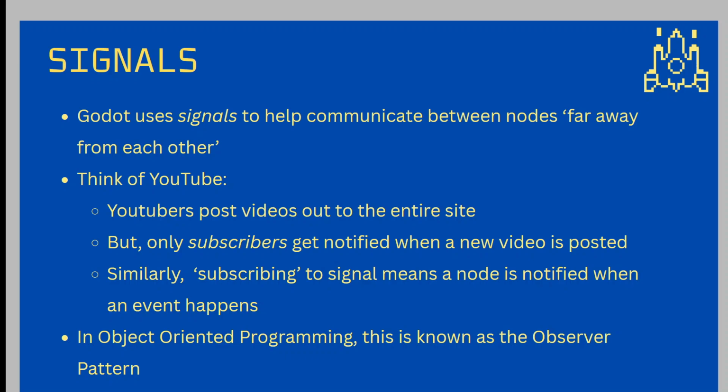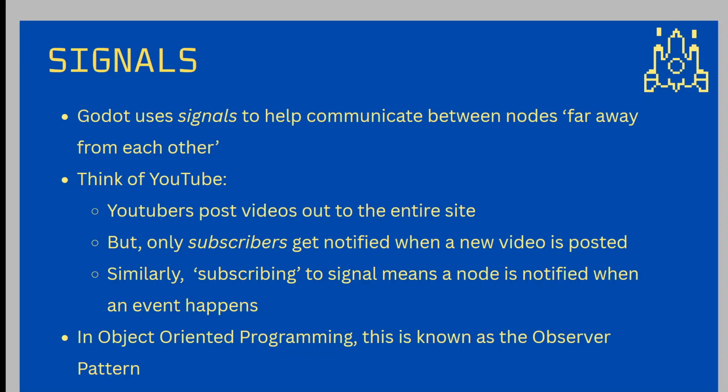Without signals, it would be like trying to communicate to someone in a friend's house using a tin can telephone, right? Just a piece of string. But a signal is like a wireless connection. It makes it a lot easier. If you do CS, this is the object-oriented observer pattern. But if you don't, worry about it. It's more like how in YouTube, a YouTuber posts a video, and it goes out into the entire site, and anyone can see it.